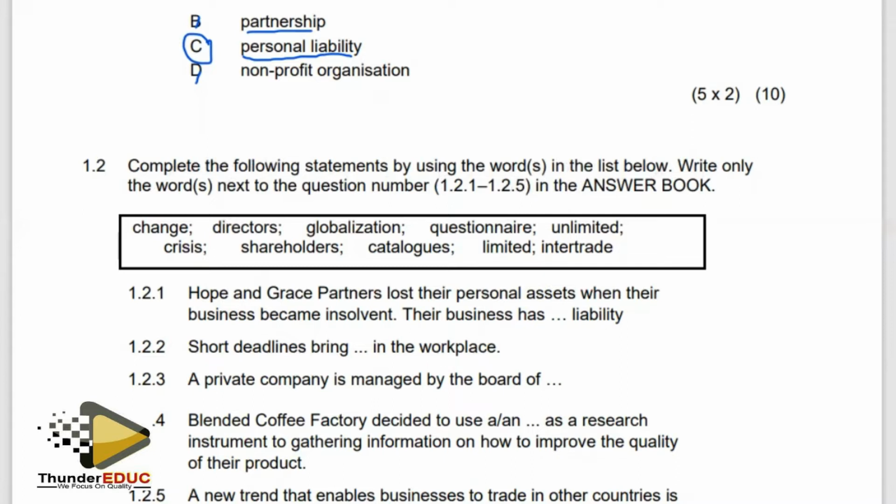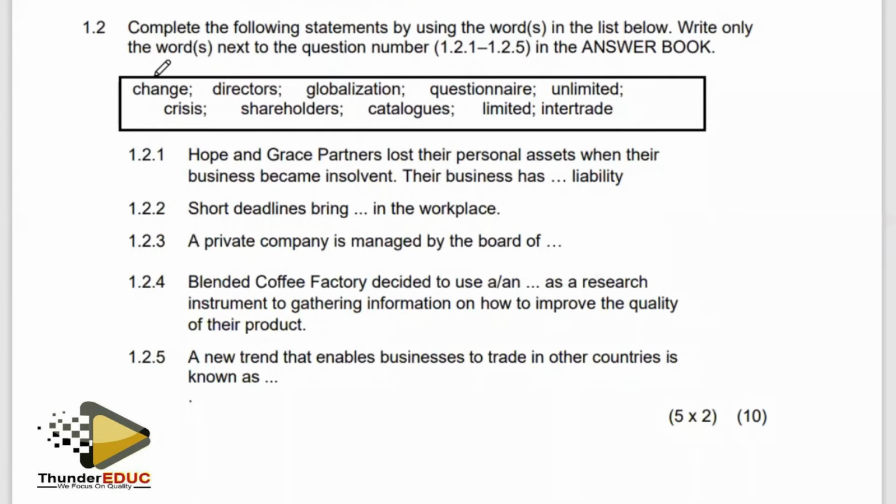So how are we supposed to go about this? Before you answer any question from this point, please make sure that you go through all these words and try to digest them. Understand what a questionnaire is in your own understanding.